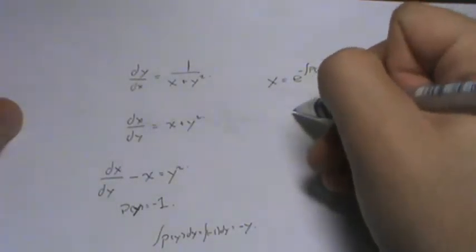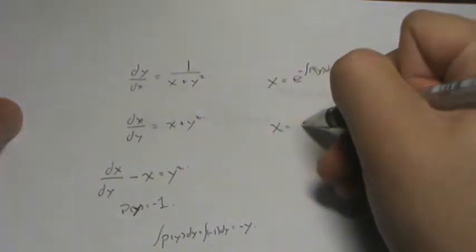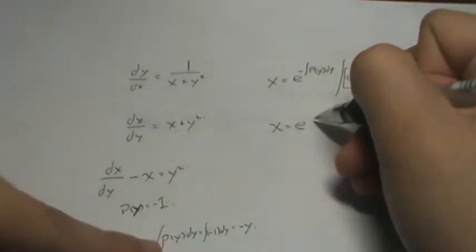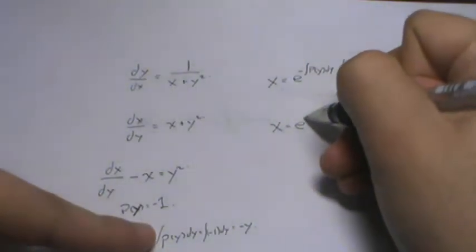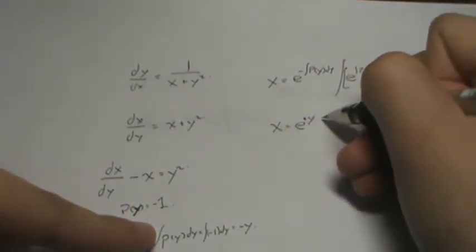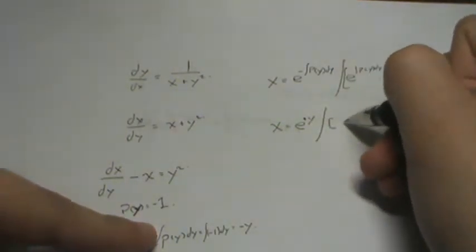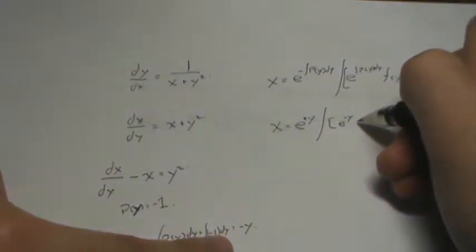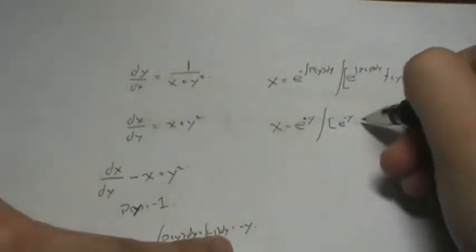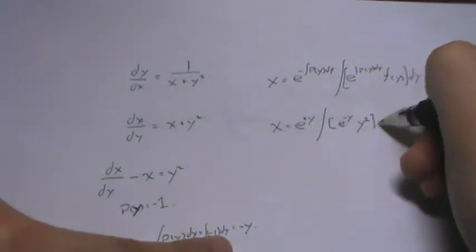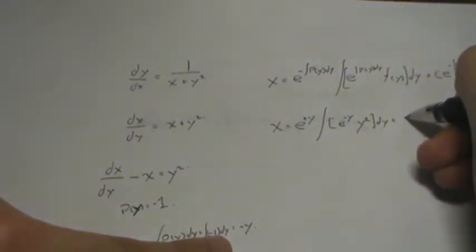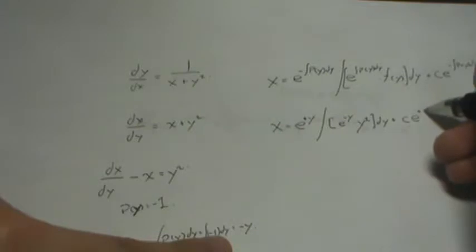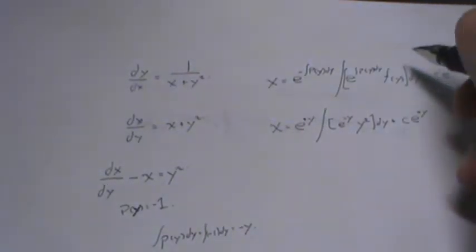So first we have x equal to e to the negative of this, so e to the positive y, times the integral of e to the minus y times y squared dy, plus c e to the plus y.